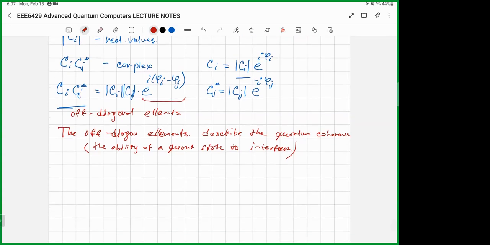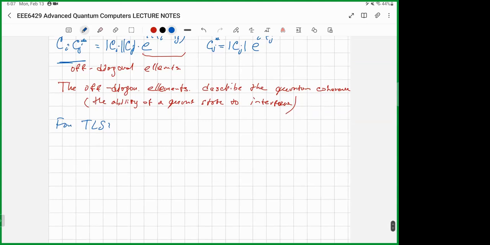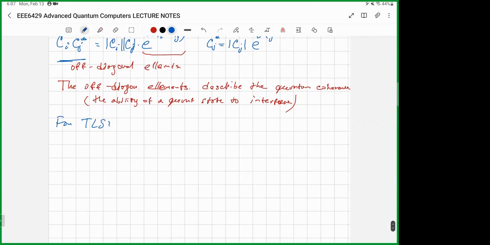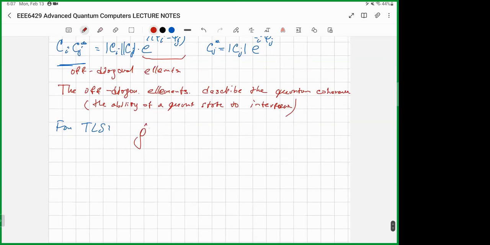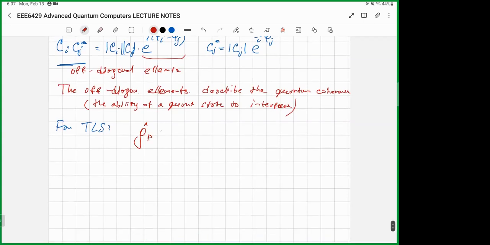And for example, for the two-level system, let's write this down. In this case, it will be rho. This is, by the way, again a pure state, still a pure state.